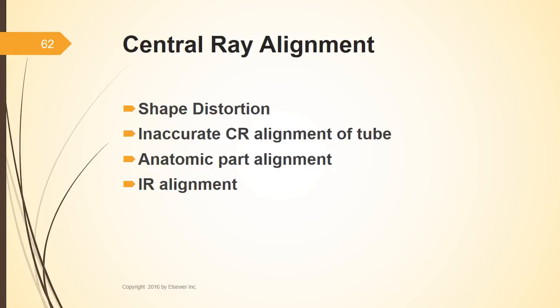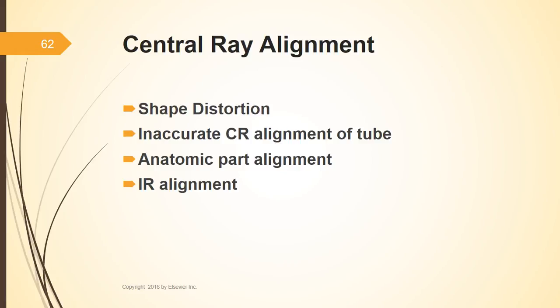Now let's go on to central ray alignment. Shape distortion of the anatomic area of interest can occur from an inaccurate central ray alignment, so that's CR. And that's when you move the tube. Now we've already talked about the elongation and the foreshortening, but this is a different way to look at it radiographically.